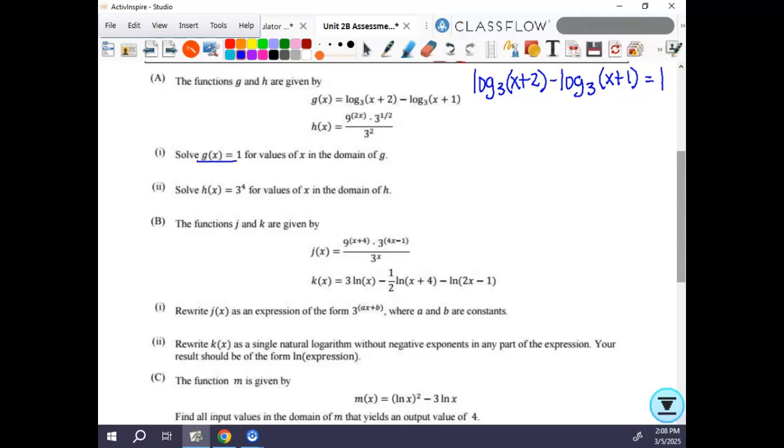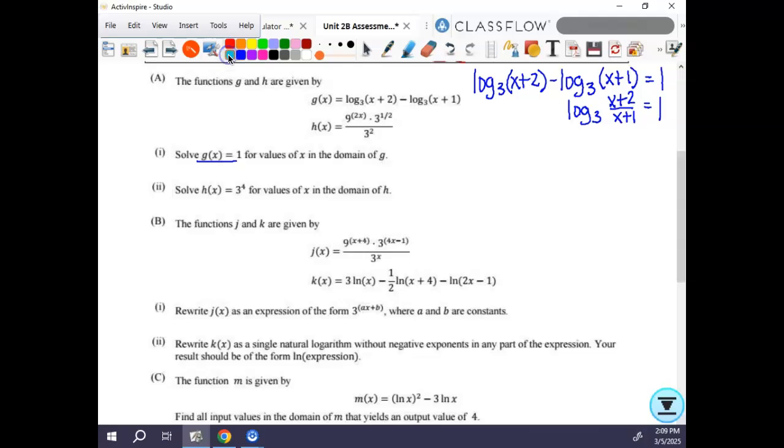Now I am going to combine the left side, and this is going to give me log base 3 of x plus 2 over x plus 1, and that equals 1. Right here, right now, can I drop the log? No, and that was a huge mistake that a lot of people made on that last test. Y'all were willy-nilly dropping logs everywhere. I don't even know what was happening.